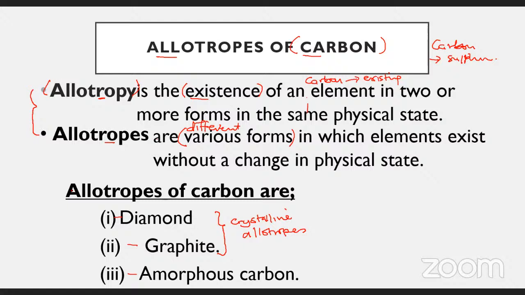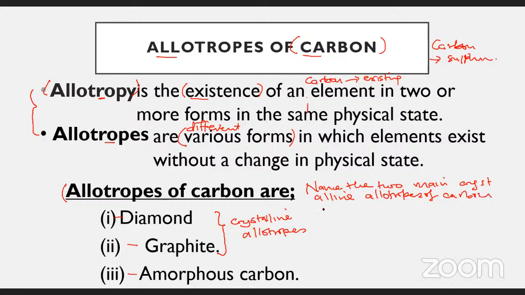So I was here explaining what allotropes are. We said that carbon has three, but the main two are crystalline. They might ask us in an exam: name the two main crystalline allotropes of carbon.